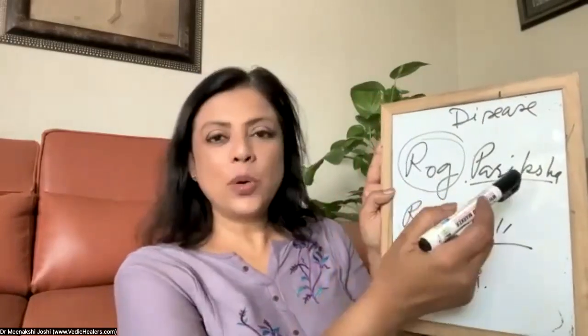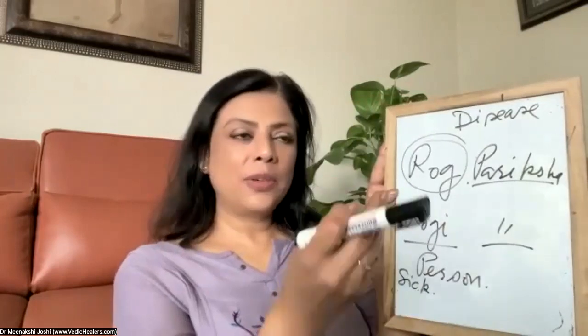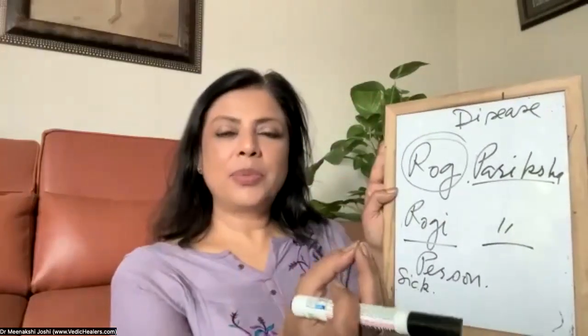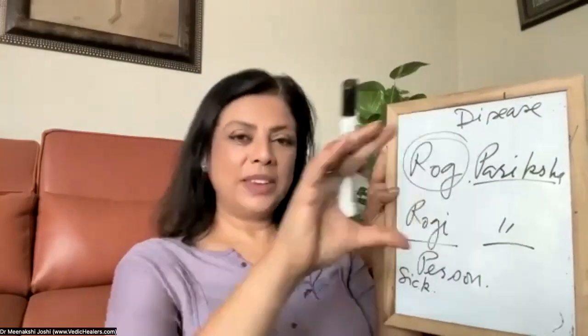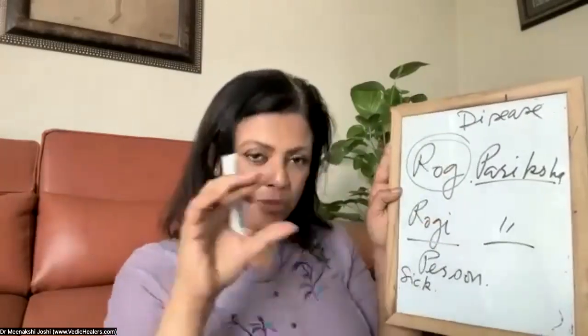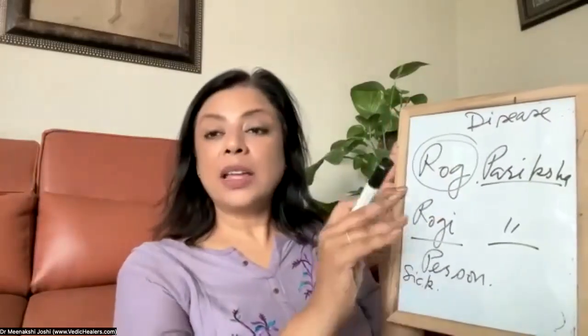That is, how the disease goes, what kind of food, what kind of problems can increase it, how many years or how many days it will go. Rogi, the person: what type of person he is, a kapha person, a woman, a baby, or an old person, a vata person, what kind of person he is, right?